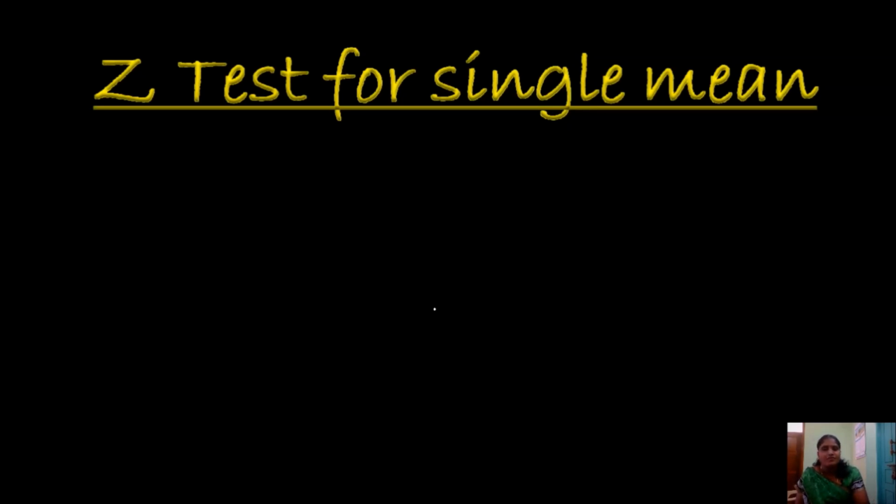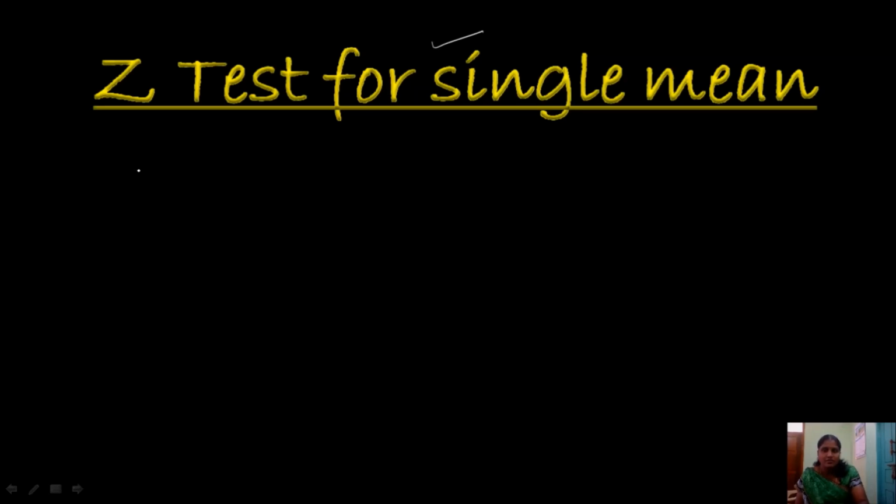Suppose we want to test whether the given sample of size n has been drawn from the same population, then we make use of the z-test for single mean. For that purpose only, we make use of the z-test.